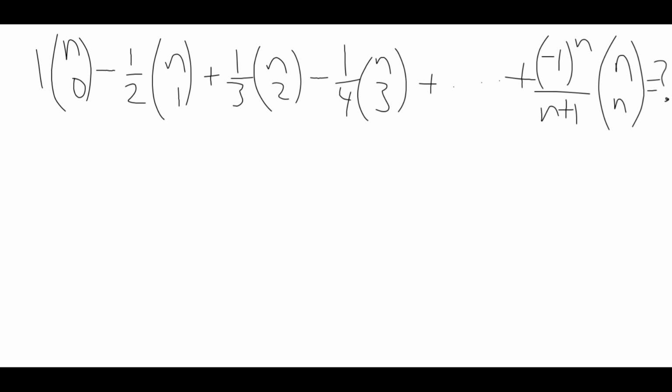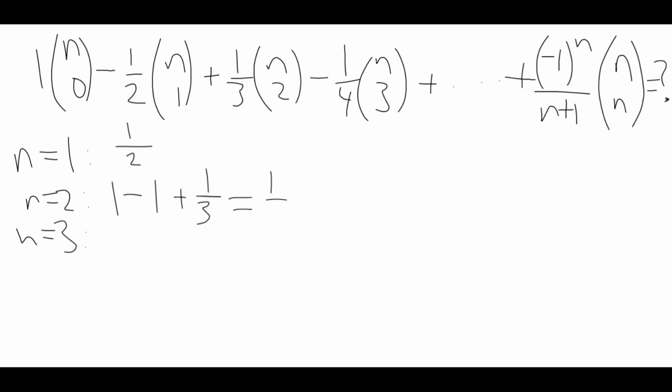Well, whenever you're trying to prove some combinatorial identity, a good thing to do is to try some values. So let's just try some. When n is 1, what do I get? I get 1 times 1 choose 0 minus a half, 1 choose 1. So that's 1 minus a half, a half. When n is 2, I get 1 minus a half times 2, which is 1, plus a third, which is a third.